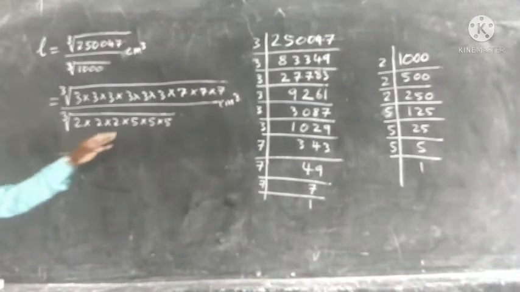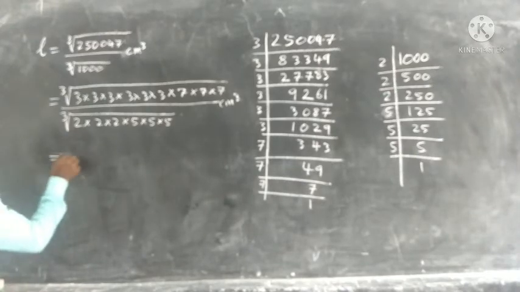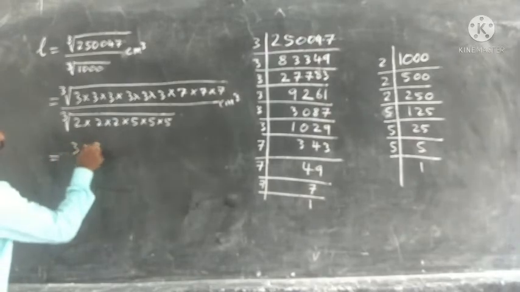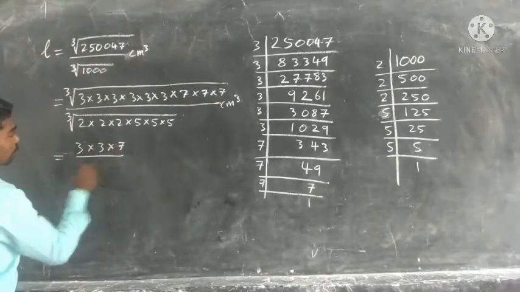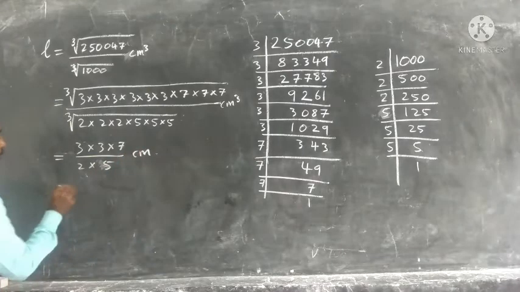If we observe these factors, each factor appears in a group of 3. Taking one factor from each group, we will get 3 into 3 into 7 divided by 2 into 5 centimeter.